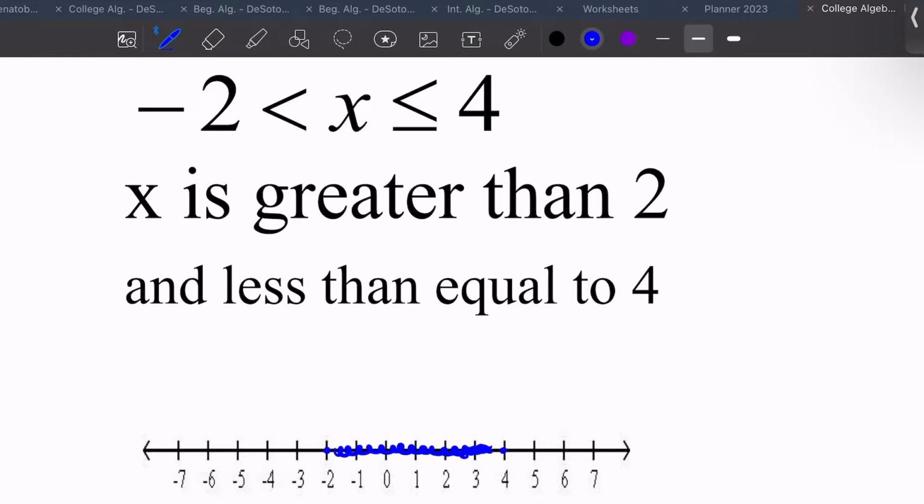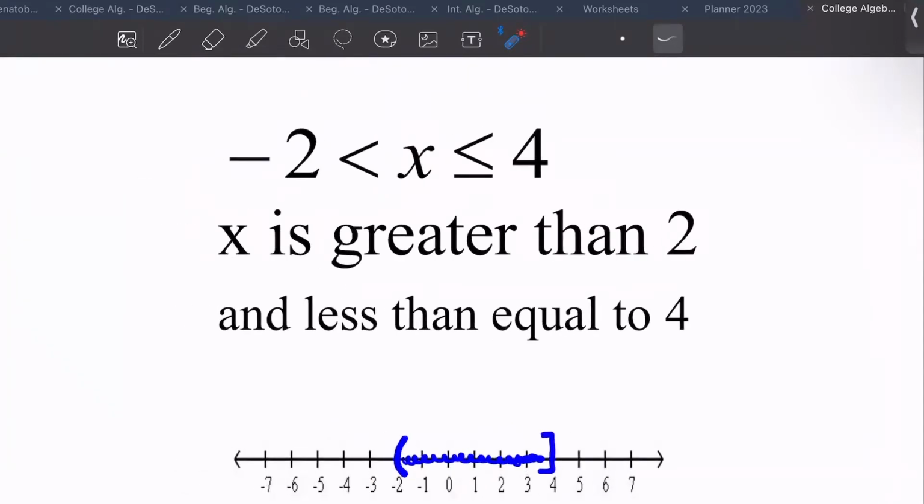So what just happened was that we have a parentheses on -2, and we have a bracket on 4. Okay, that's because -2 didn't have an equal sign. 4 does have an equal sign. So we use brackets on 4, parentheses on -2. And so quite literally, the x is sandwiched in between these two numbers.